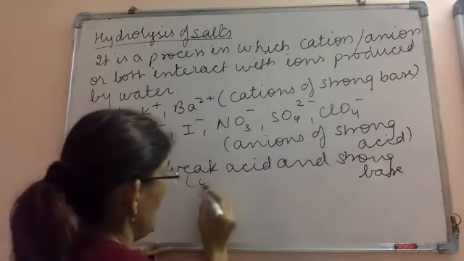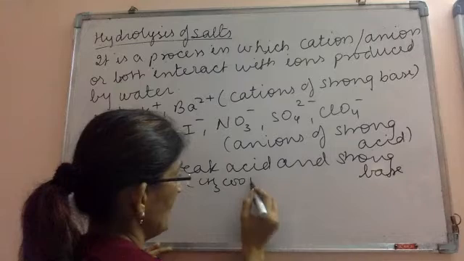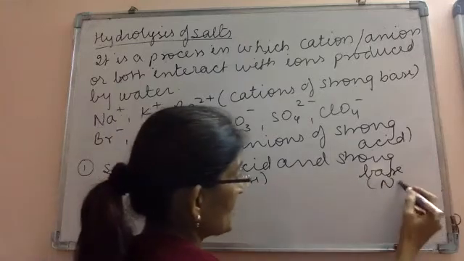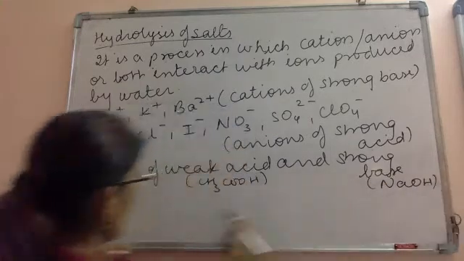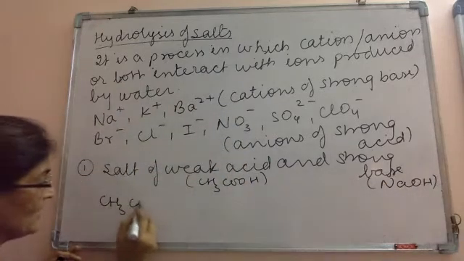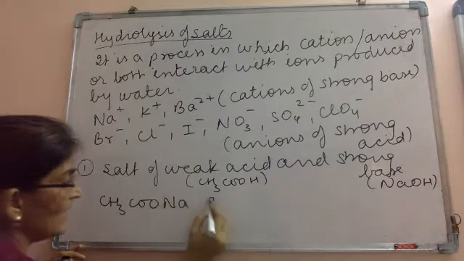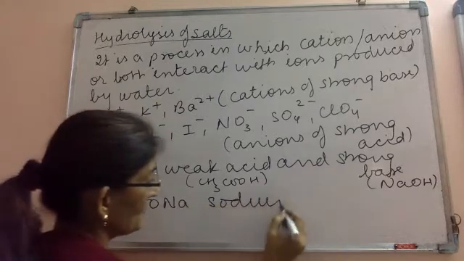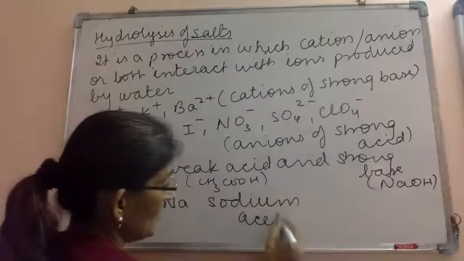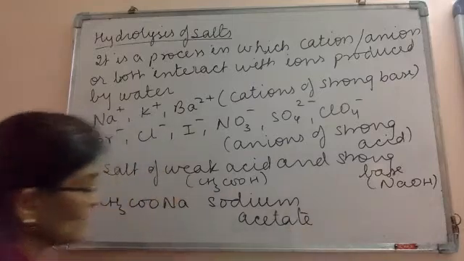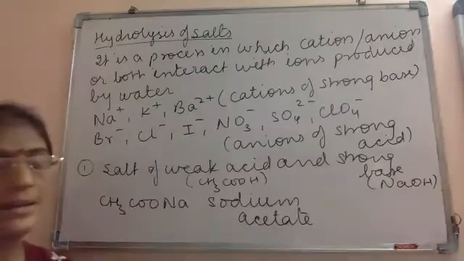For example, the weak acid is acetic acid and the strong base is NaOH, and the salt will be CH3COONa, named sodium acetate. So sodium acetate is a salt of a weak acid and strong base.